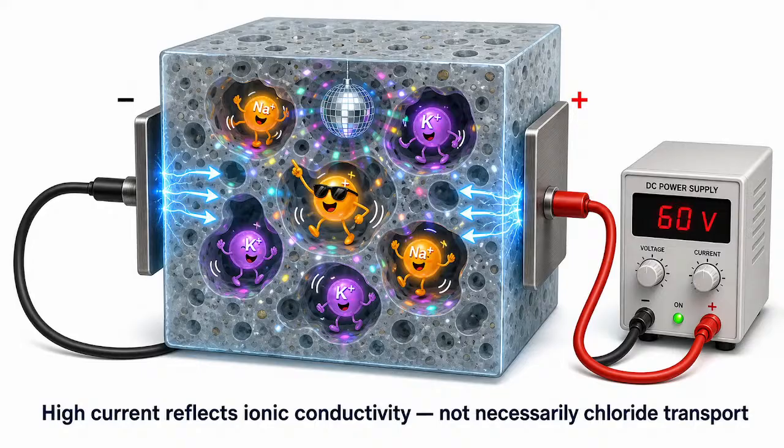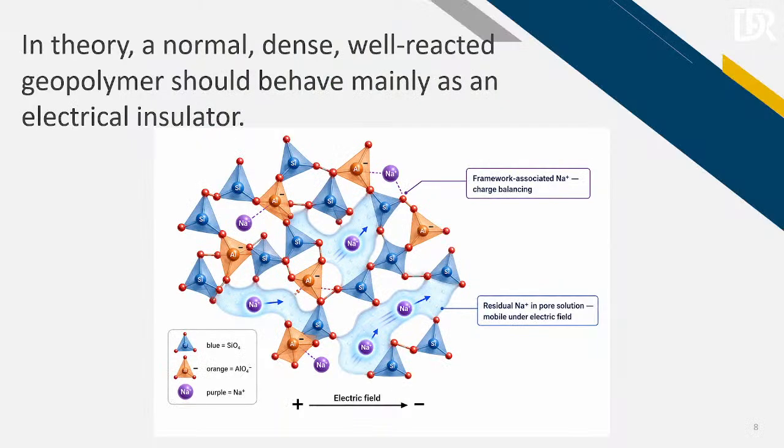And again, just to make things more complicated than they are, because with geopolymers, I guess it is like that. When we are designing a geopolymer, the whole idea is to make it a neutral material. So for any aluminium ion, you need a sodium to balance the whole charge of the material.